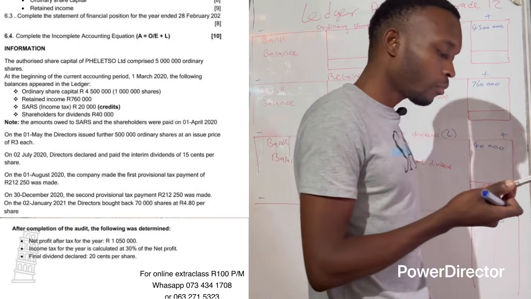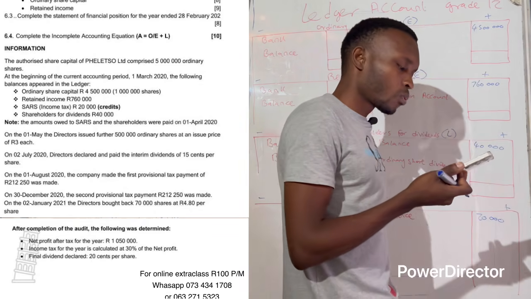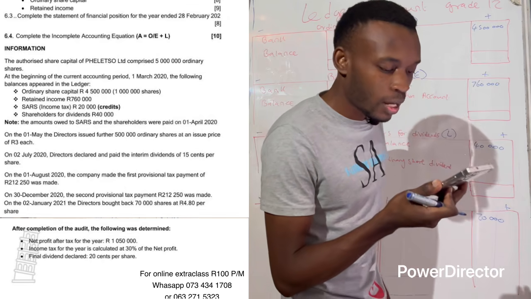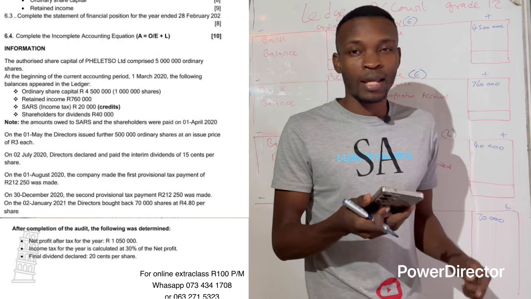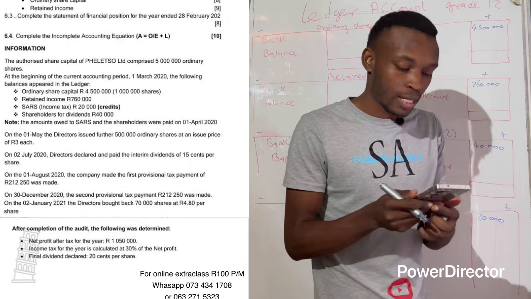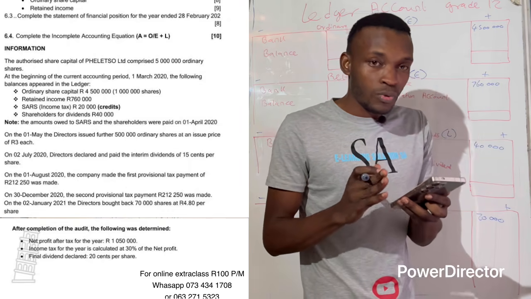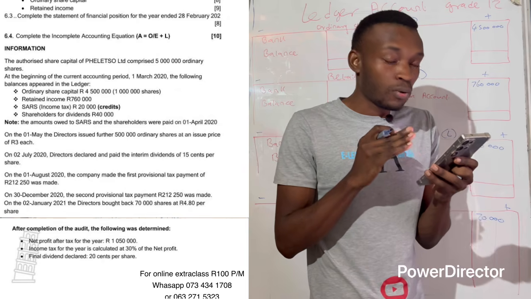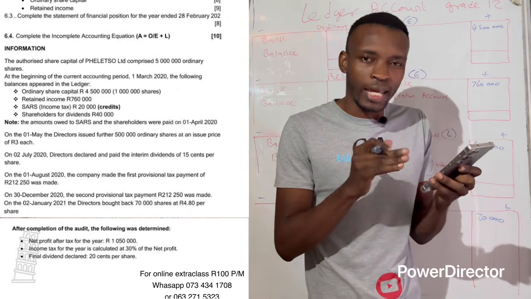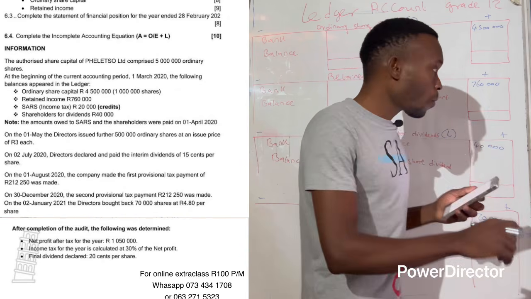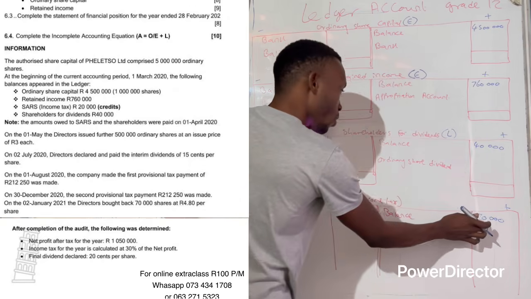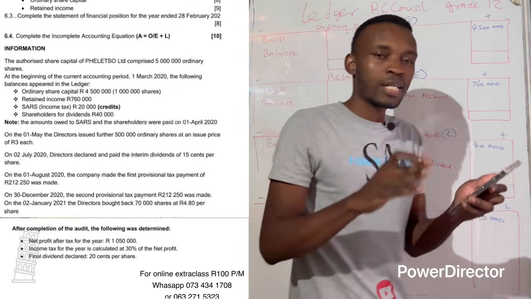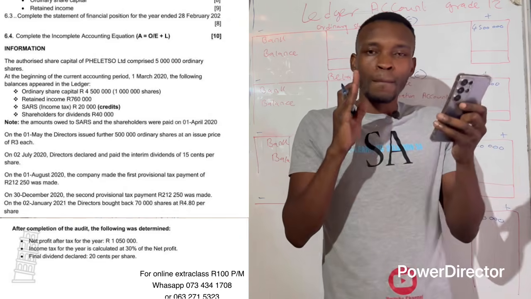Note, the amounts owed to SARS and the shareholders were paid on 1 April 2020. In other words, guys, they said that those amounts that we were owing SARS and our shareholders at the beginning of the year, from those opening balances, have been paid.